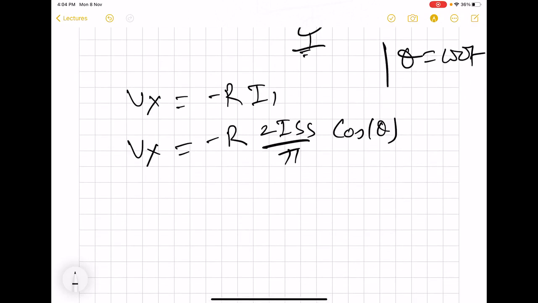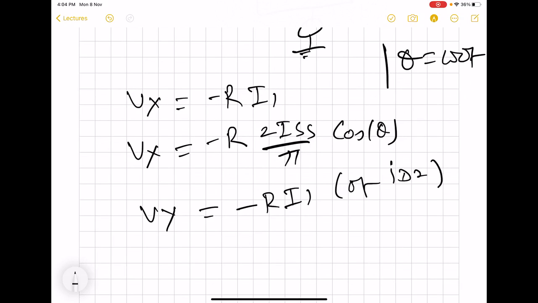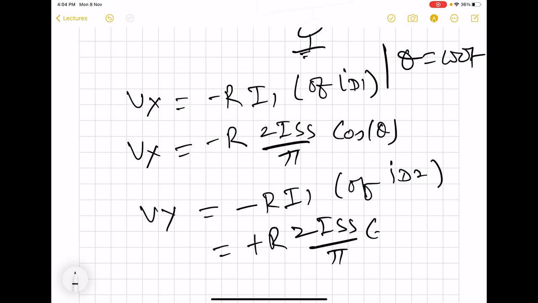So this is Vx. Now Vy is going to be minus R into I1 of ID2. This is of ID1, and this one is a 180 degree shifted version, so it is going to be the negative of that. That means R times 2 ISS by pi cos theta.